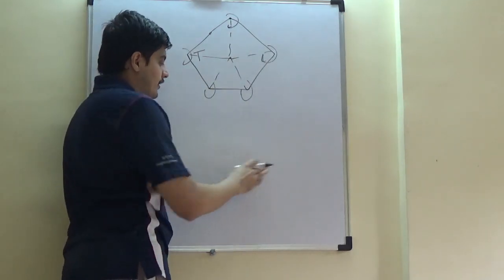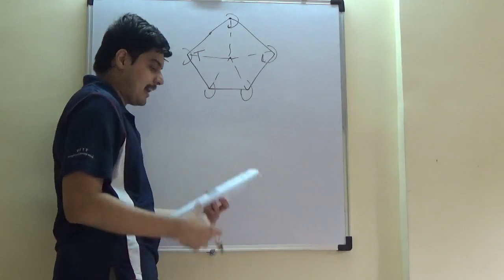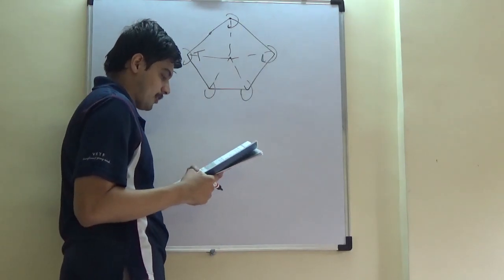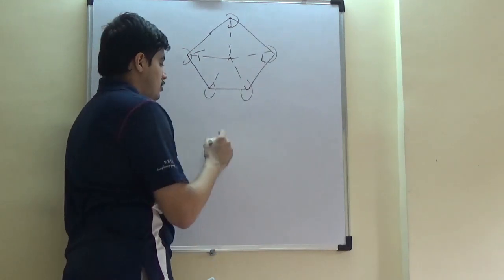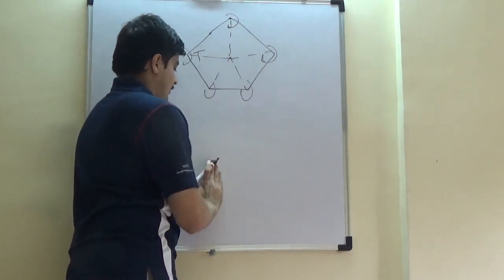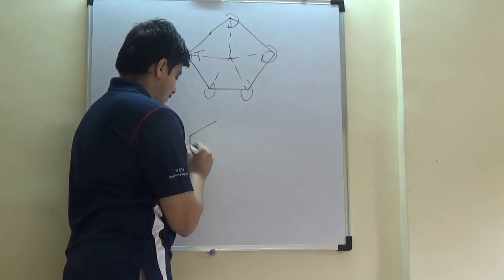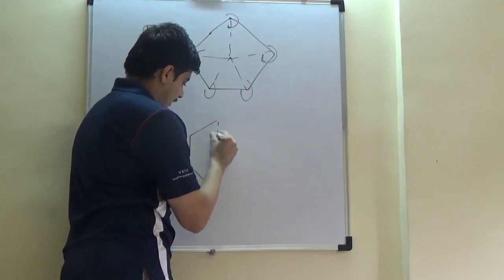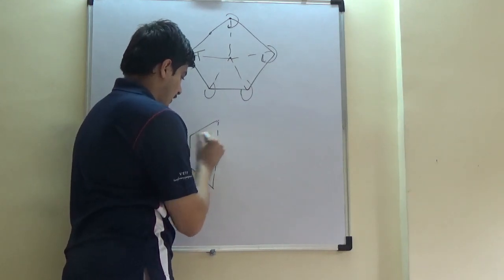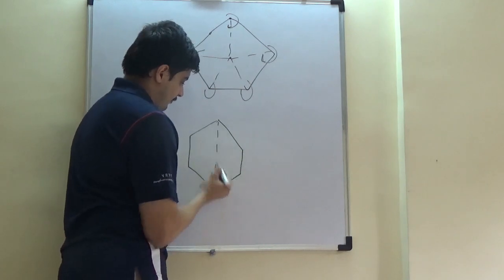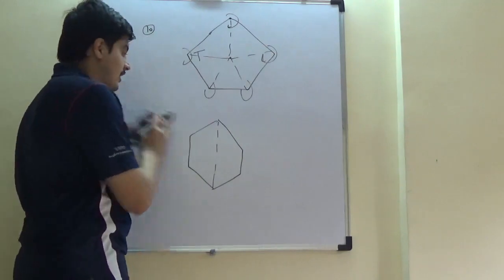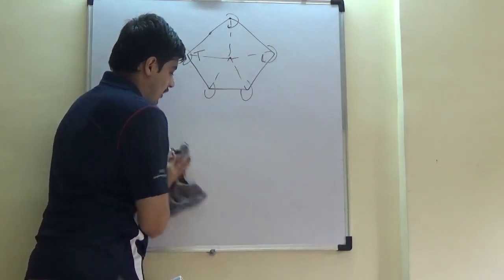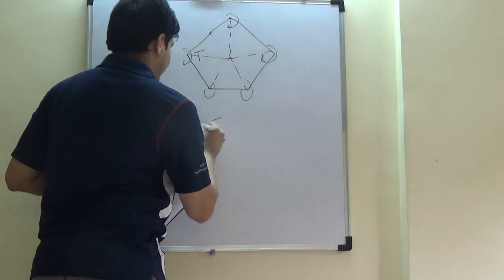Now, this analysis we have to extend to a regular n-sided polygon. So first of all, let's see. I am going to explain this case by geometrical analysis so that you will never forget this in your life. This is 6-sided, so this is a hexagon, right? A 6-sided symmetric regular polygon.